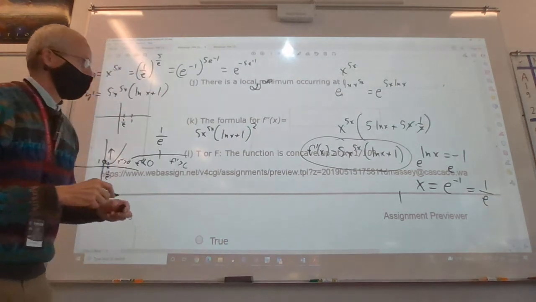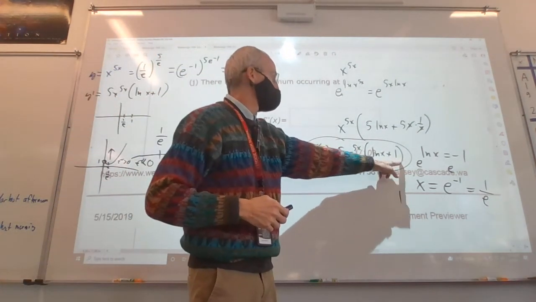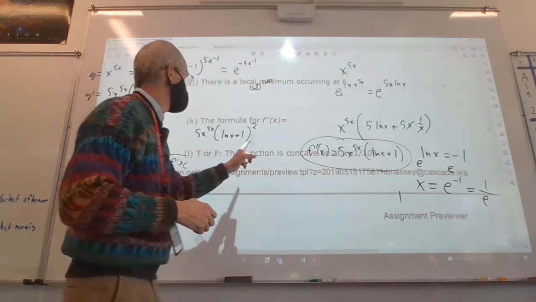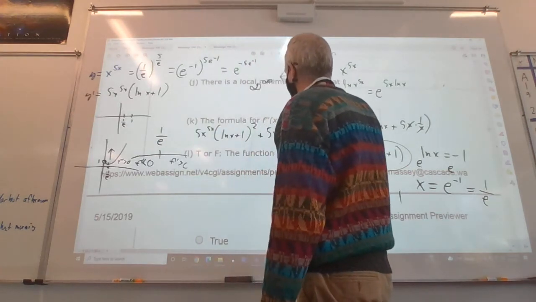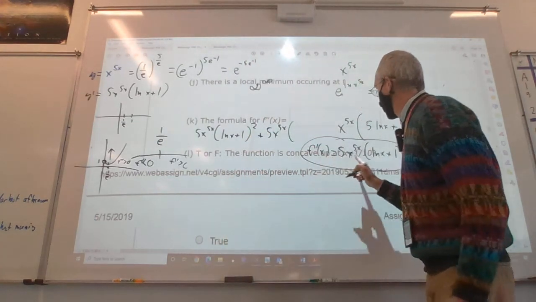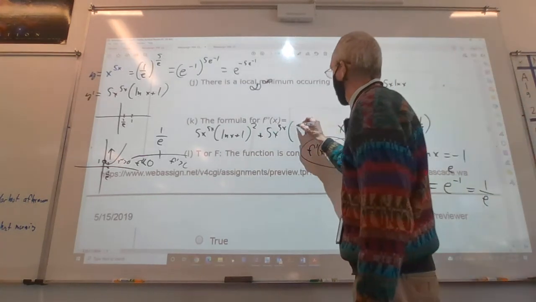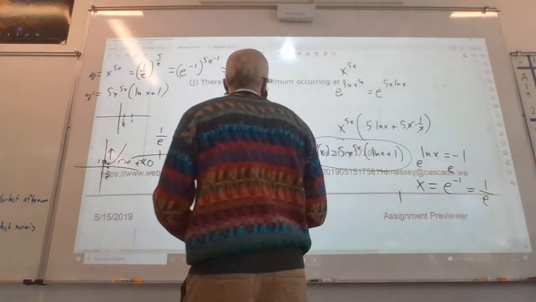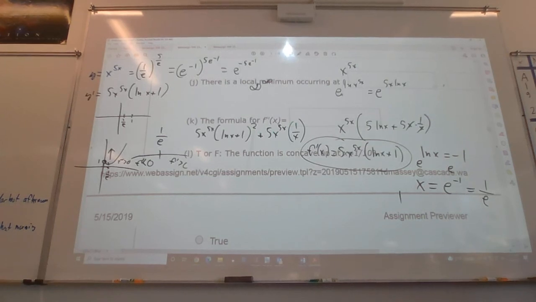Derivative of the first, which is the whole thing, that was the first problem, times the second, which is ln of x plus 1, so it's just ln of x plus 1 squared, plus the first, 5x to the 5x, times the derivative of this. Derivative of 1 is 0, derivative of ln of x is 1 over x. So that's just 1 over x. That wasn't really that bad. I just copied the first answer and put a squared. So that is our second derivative.